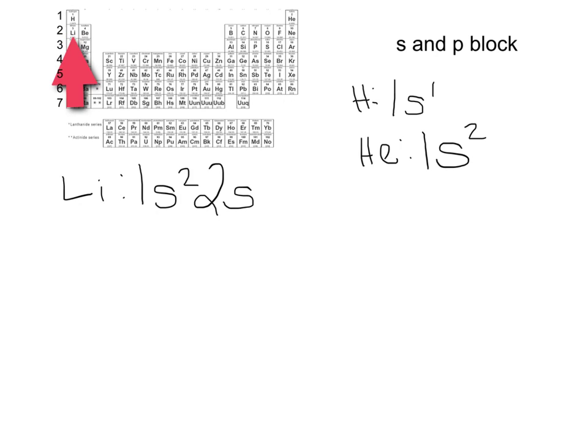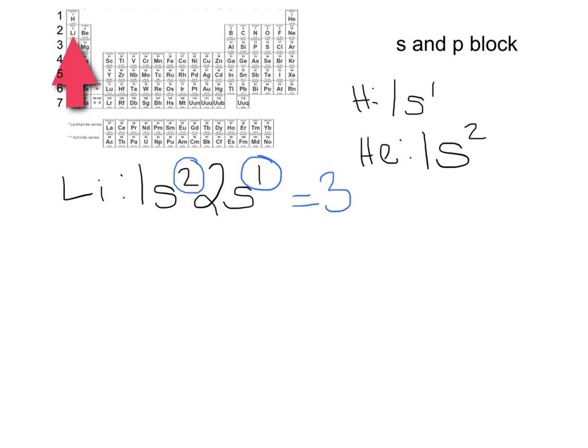So S block, count over 1. And this is the trick to making sure you know you're right: if you add up the numbers that are the exponents, they tell you how many electrons you've used. I've used 3 electrons, and lithium has 3 electrons, so I'm good to go. So that's how lithium works.